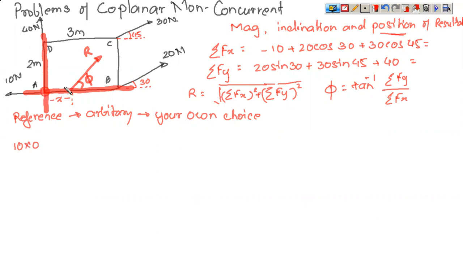Now, perpendicular distance means, from the line of action, the distance between two parallel lines. So here you have two parallel lines. This force is parallel to this line AB, the dark line AB.